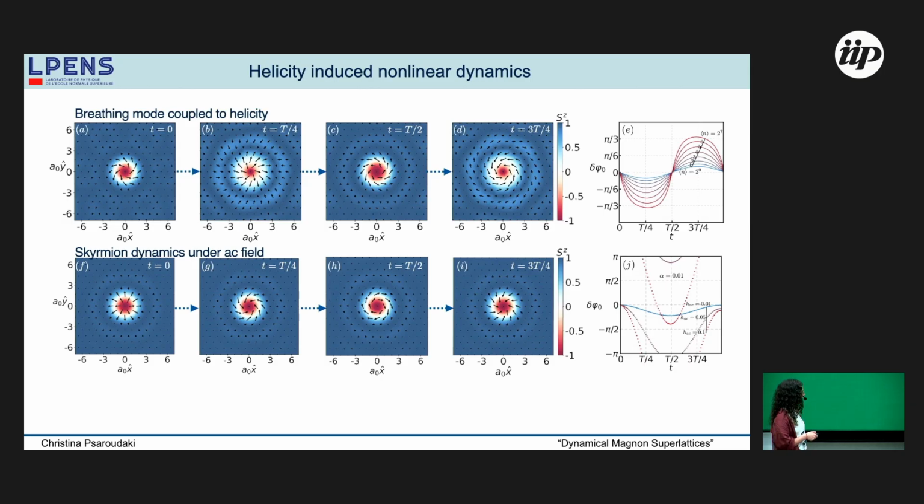Something similar has been observed if we study the skyrmion dynamics under an AC field. Here you see the skyrmion helicity under an out-of-plane AC field also affects the skyrmion helicity, which rotates again, as you can see here, and also depends on the strength of the AC field.